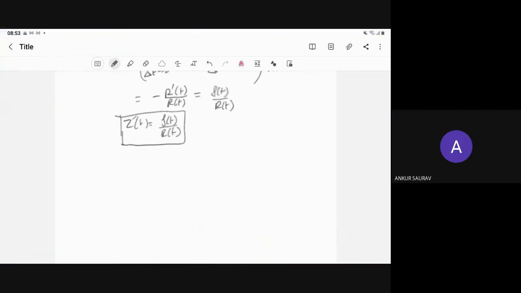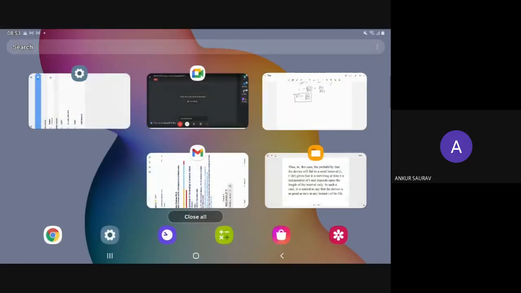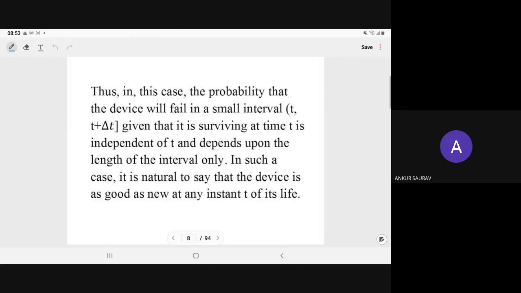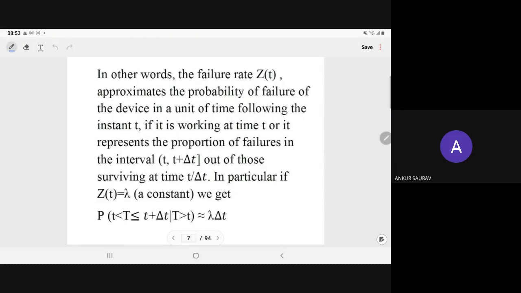Means here in this expression, there is no small t. Only we have this small interval delta t. So what does this imply?